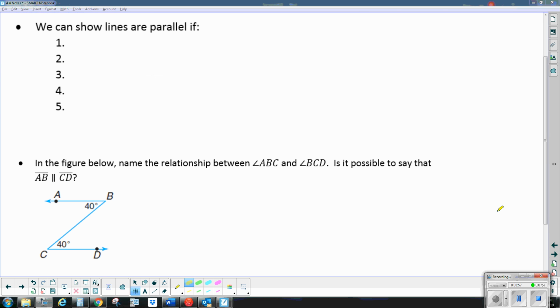So we're going to use these converses to show whether or not lines are parallel.